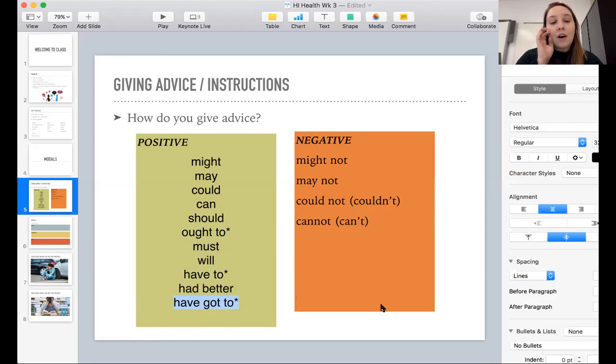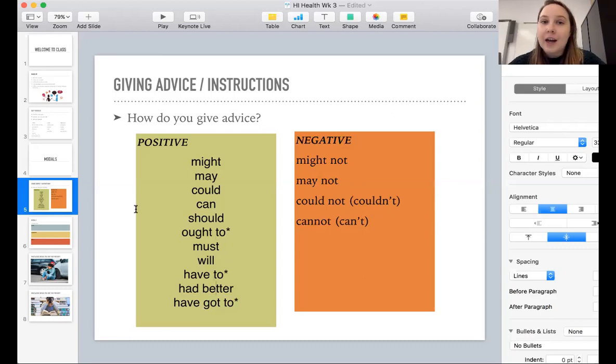Okay, so these are all the positive forms, and then to make the negative forms, you're just adding not to the end of all of these that do not have the asterisk. Might not, may not, could not, cannot, or can't, should not, or shouldn't, must not, will not, had better not. It's pretty simple. You just add that not and it makes it the opposite.